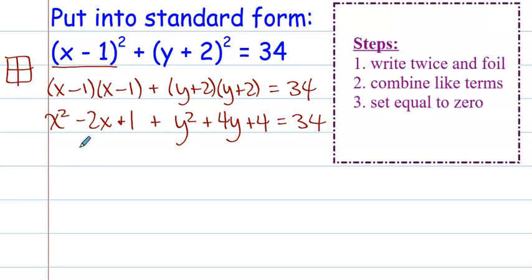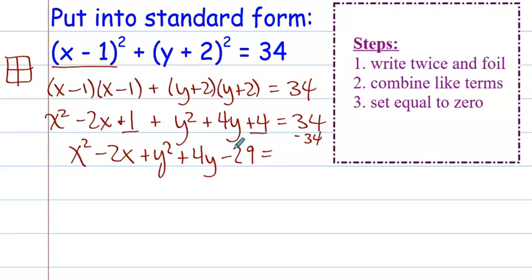So that would be the x squared minus 2x, and then the y's, so plus y squared plus 4y. And then we assemble all of the constants in one place. So this is 1 plus 4. Then we're going to have to subtract 34. And we end up with minus 29 equals 0. So that's the standard form.